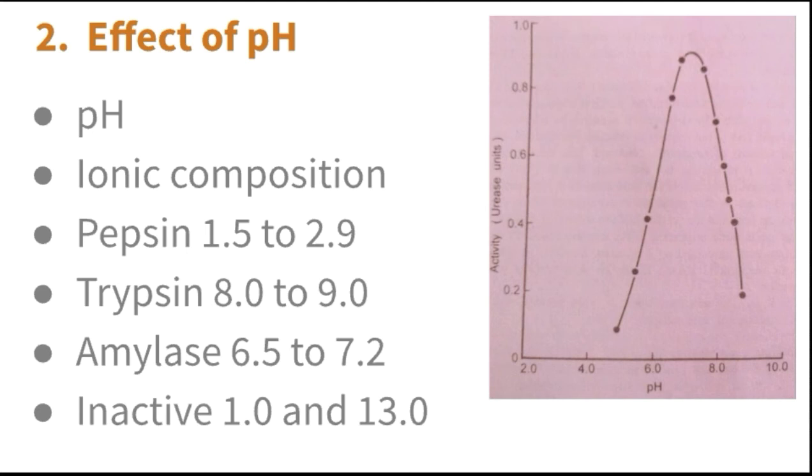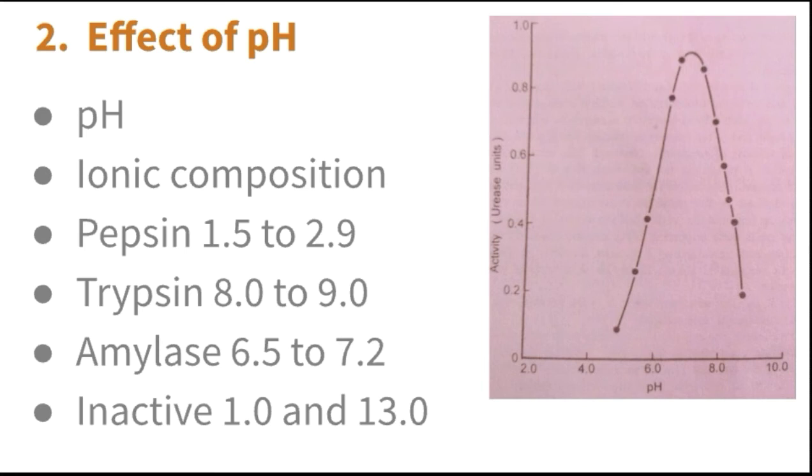In the graph, after pH 7 the urease is denatured or inactive and the graph collapses. That is the sign of the effect of pH on enzymes.